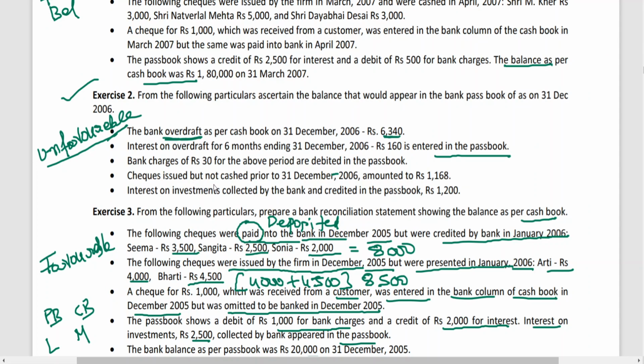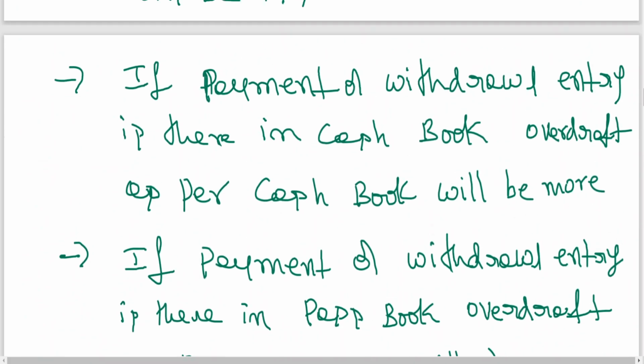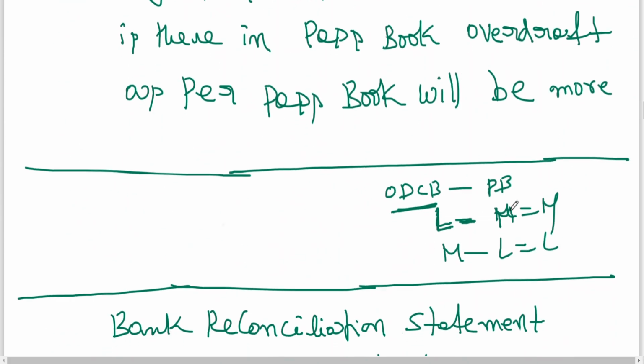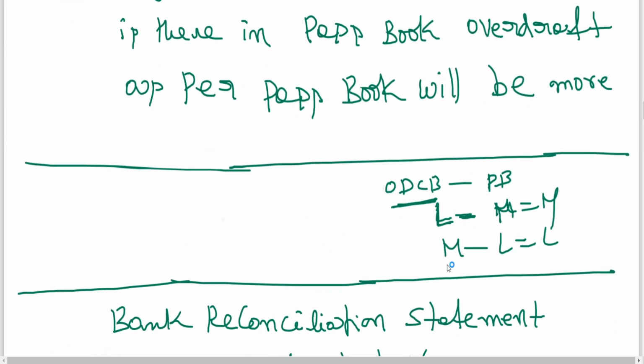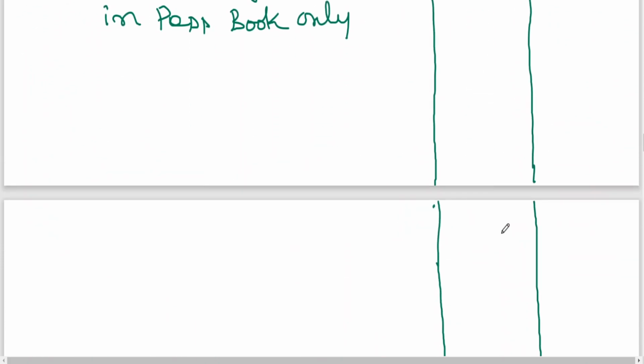Checks issued but not cashed prior to the 31st December. Not cashed means not encashed. Checks issued means payment. Payment entry will be there in which book? Cash book. Who will issue checks? The trader. If a payment or withdrawal entry is there in cash book, overdraft as per cash book will be more. So overdraft as per cash book is more, overdraft as per passbook is less. So more to less, less. It is to be subtracted.